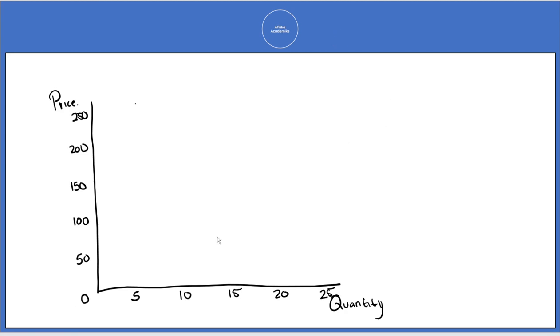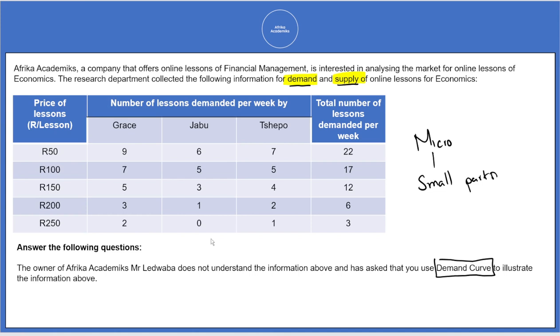So we will take that information that we have from the table, and then we will show it over here. These are the amounts that we took to come up with the scale for the price. The first one will be 50 rand.